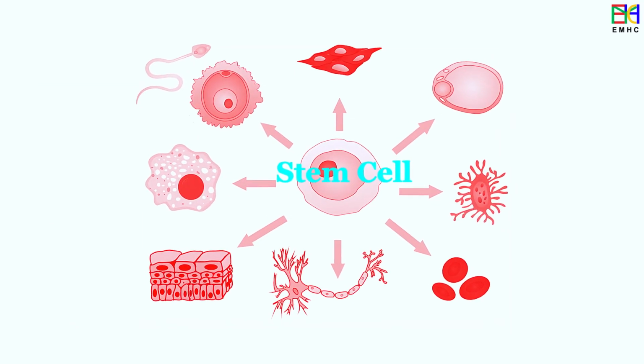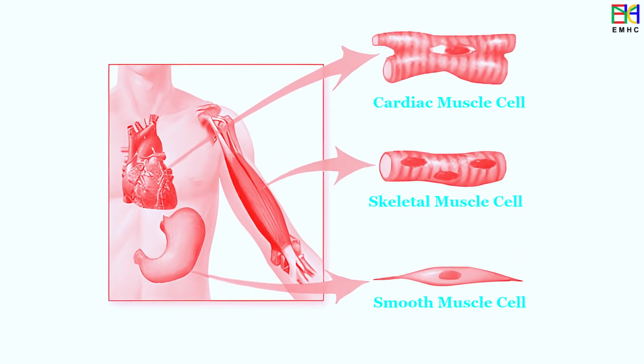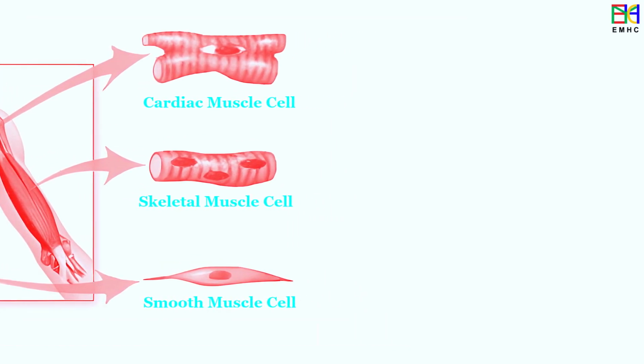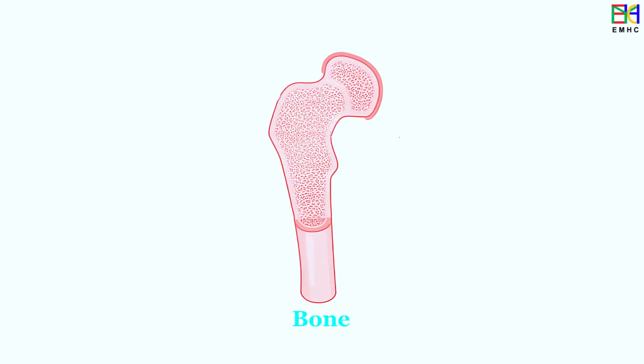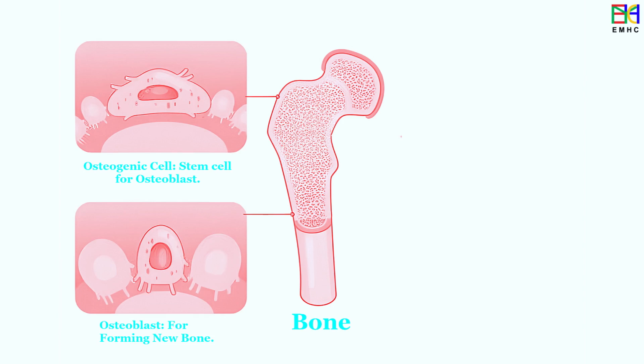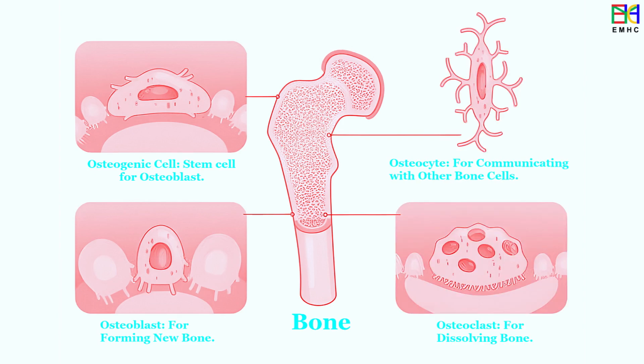Stem cells are undifferentiated cells capable of self-renewal and differentiation into specialized cell types. Muscle cells, also called myocytes, are important for a range of functions, including movement, support, and internal functions. Bone cells have at least three main types: osteoblasts for forming new bone, osteoclasts for dissolving bone, osteocytes for communicating with other bone cells.